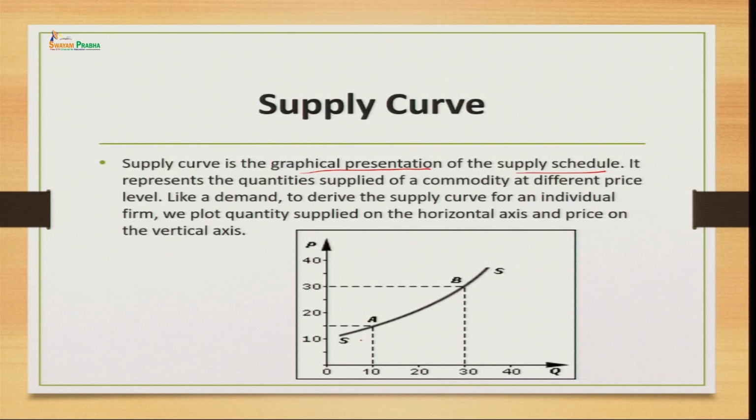You can see that the supply curve is always upward sloping, indicating that there is a positive relationship between the price and the quantity supplied. Here on the x axis we are talking about quantity supplied because this is the dependent variable, and on the y axis we always consider the price of that commodity, right. So, when the price was rupees 10, 15 around, then the supply was 10, the price increases to 30, supply also increases to 30.